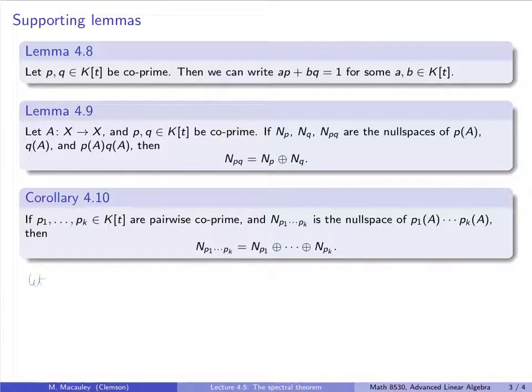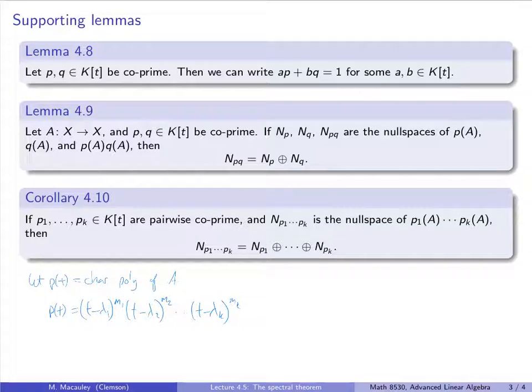So let's let P of t be the characteristic polynomial of A. We can write P of t as t minus lambda_1 to the m_1 times t minus lambda_2 to the m_2, all the way up to t minus lambda_k to the m_k, where these are distinct eigenvalues.